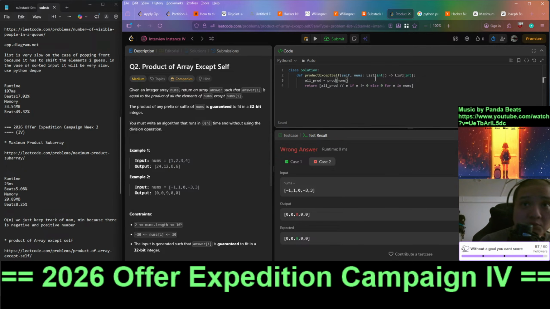So for example, what we want to do is, when we loop through them, negative 1, 1, 0, this one basically.